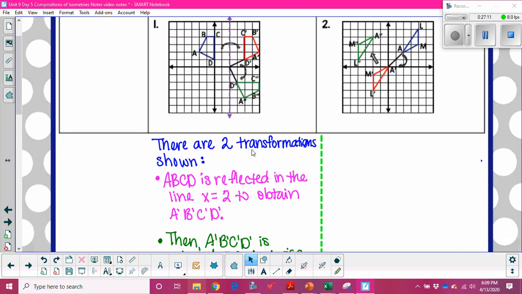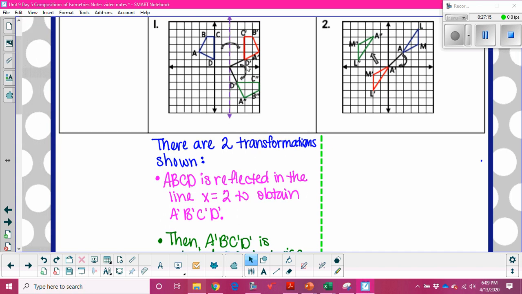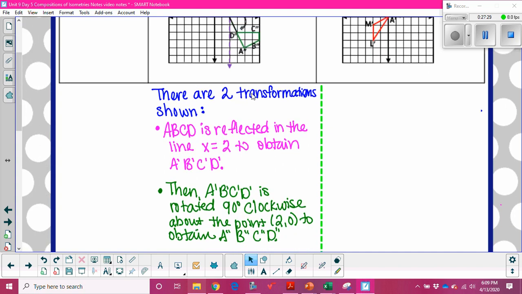We rotated A prime, B prime, C prime, D prime 90 degrees about this point right here. What is that point? It is (2, 0). We rotated it 90 degrees clockwise, not counterclockwise, to obtain this green figure right here.